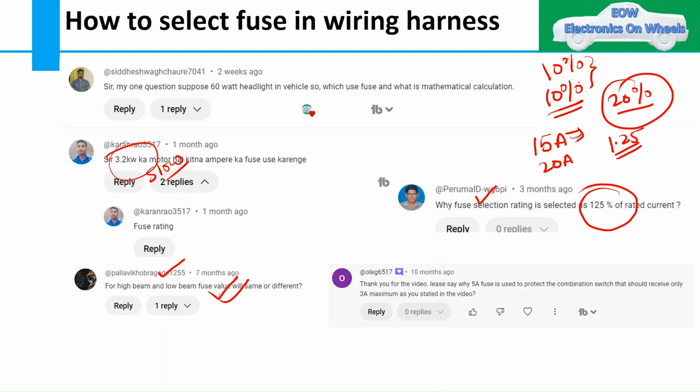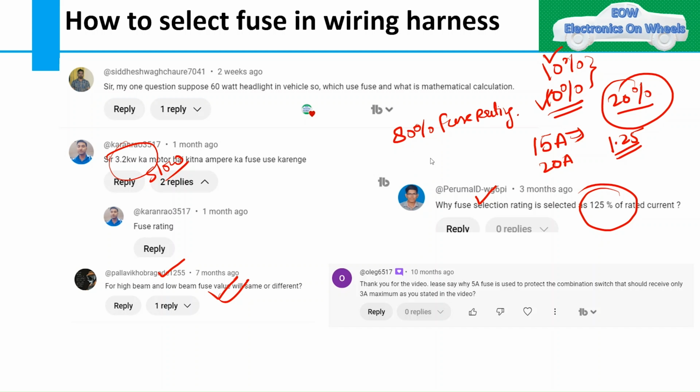This factor comes from the study: 10% derating factor for the higher temperature, and 10% for the aging phenomena of the fuse. So permanent current in a fuse must always be less than 80% of its fuse rating.